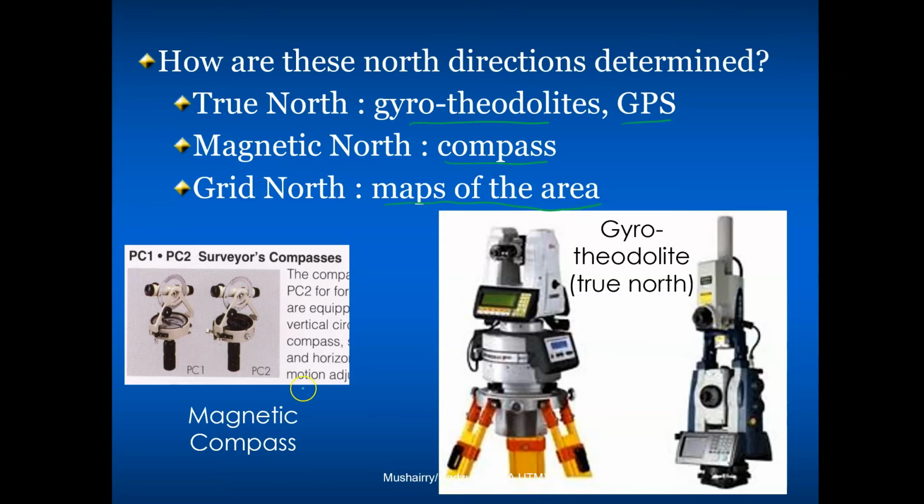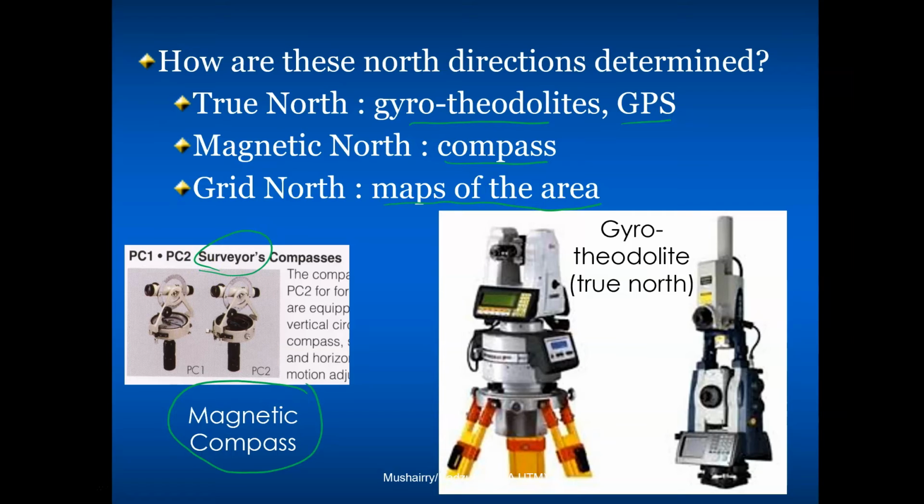That's a figure of a magnetic compass, which is just a simple magnetic needle, rotating, showing you where the north is. With smaller graduations, the term is a surveyor's compass.